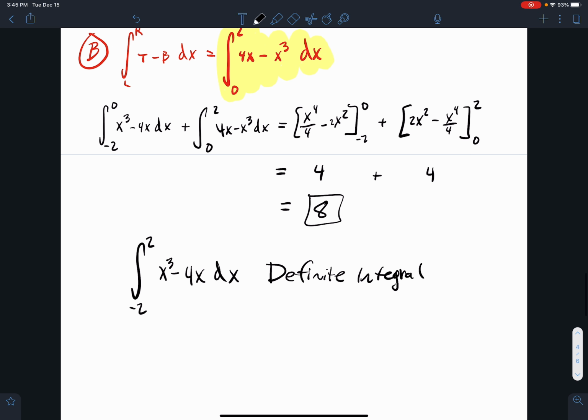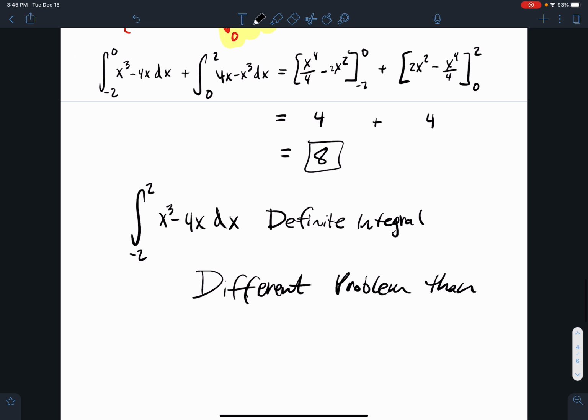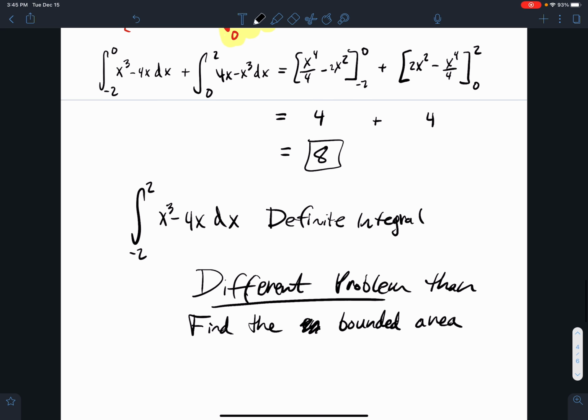It's a different problem than finding the enclosed area or the bounded area. Okay? It's different. All right?